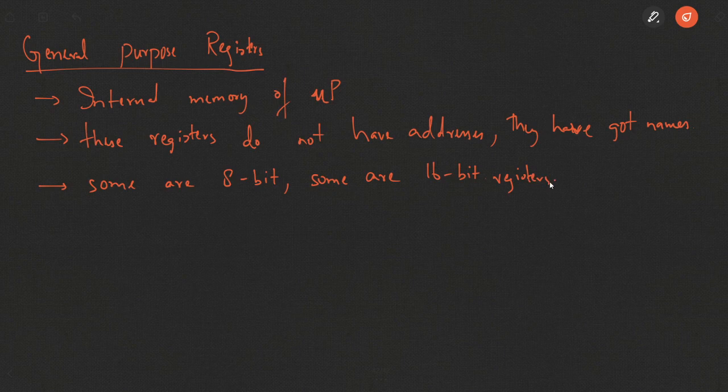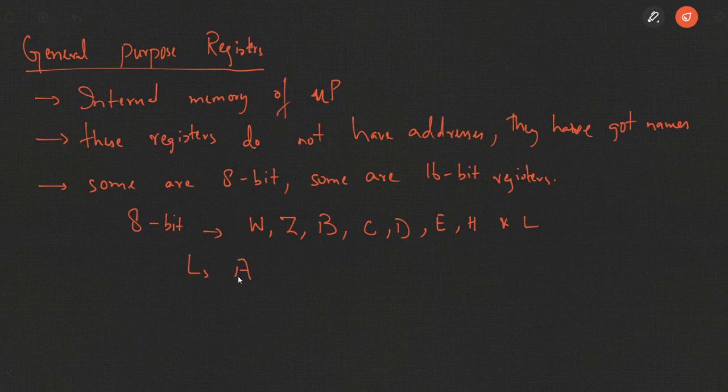So what are the 8-bit ones? You have W, you have Z. These are named using alphabets. You have W, Z, B, C, D, E, H, and L. Apart from this, you have the accumulator itself, which I told you is also a general purpose register.